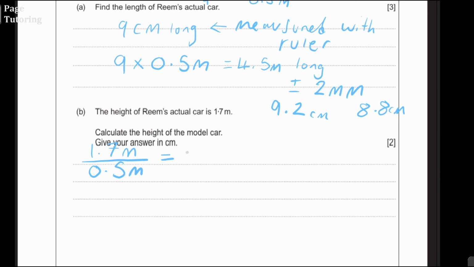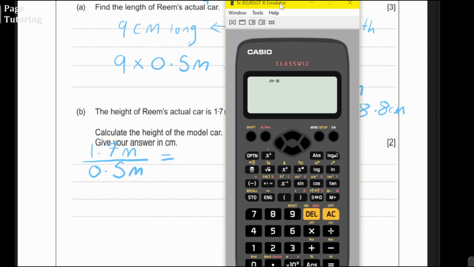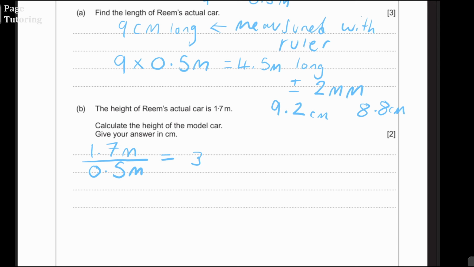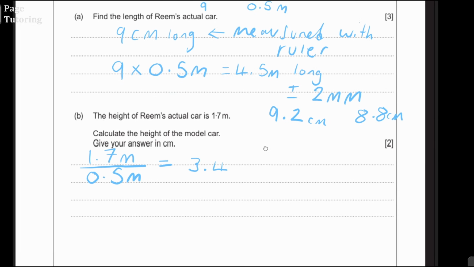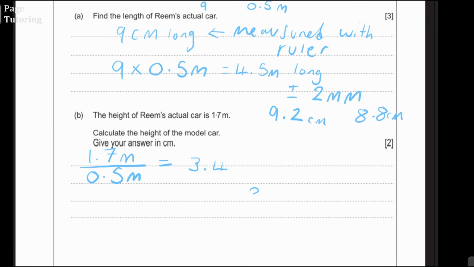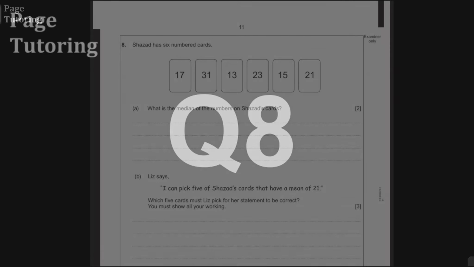So we're going to get the calculator out because I could not do that off the top of my head. And now we're going to type in 1.7 divided by 0.5 and we get 3.4. So there's 3.4 lots of that 1 centimetre. Well, 3.4 lots of 1 centimetre, that's just 3.4 centimetres. That's it.